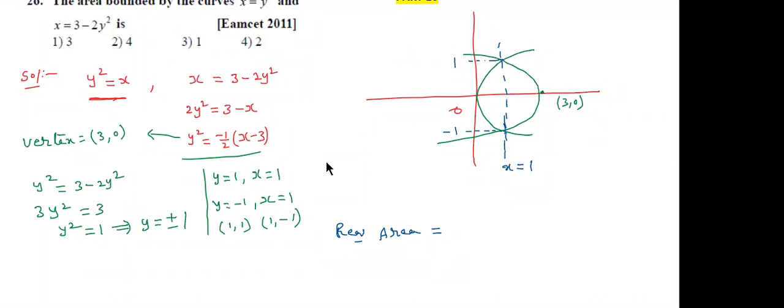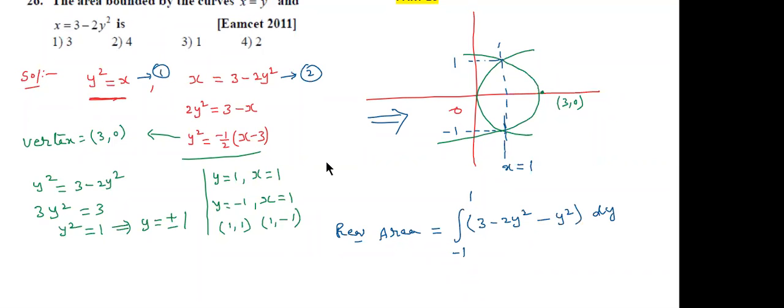How to take? I am taking the limits as y values. So observe this direction. Then tell me which is the upper limit, which is the lower limit. Upper limit is the second curve. Lower limit is the first curve. Yes or no? So that is 3 minus 2y square, upper curve minus lower curve into dy.